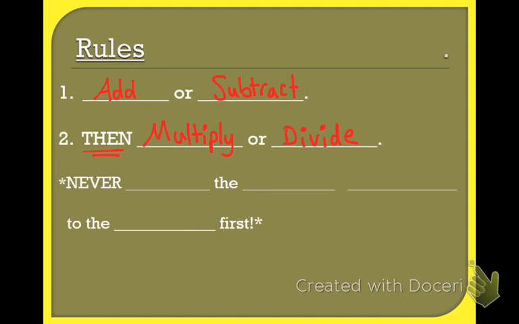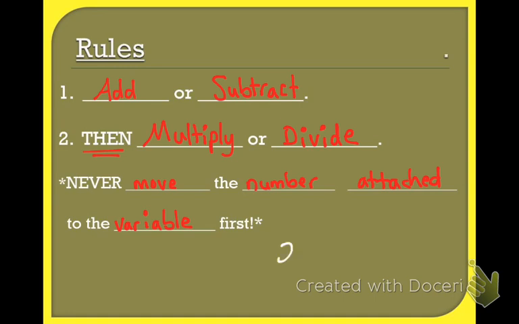Continue to write this with your red pen if you have one with you. You never want to move the number that is attached or next to the variable first. You've got to get rid of everything else, and then the number that is attached to the variable will be moved last.